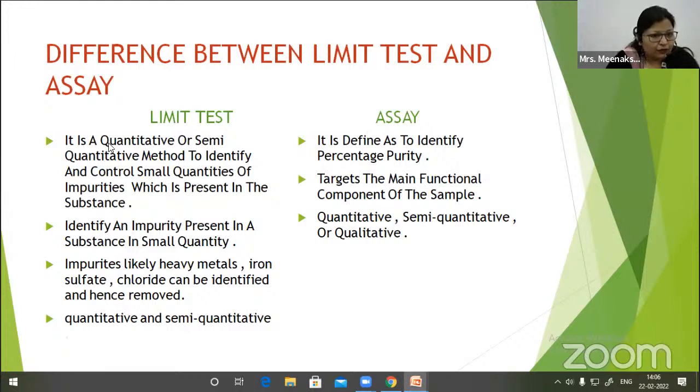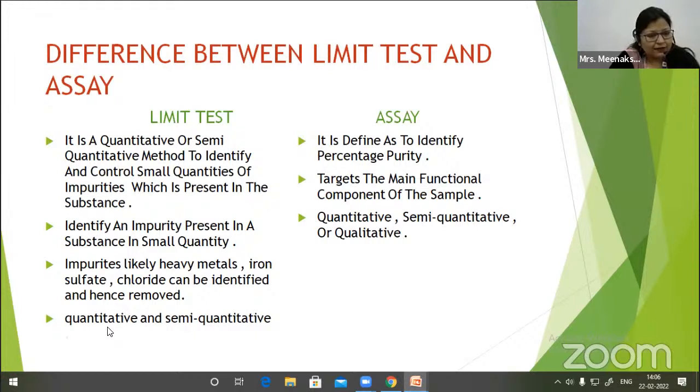Limit test, as I told, is a quantitative or semi-quantitative method to identify and control the small amount of impurities that might be present in the substance. Furthermore, it is a very useful method to identify small amounts of inorganic impurities like heavy metals, iron, sulfate, chloride, lead. They have to be first identified and then removed.